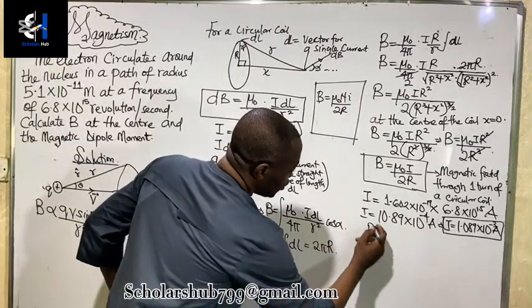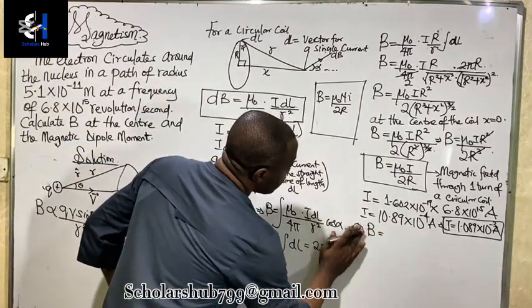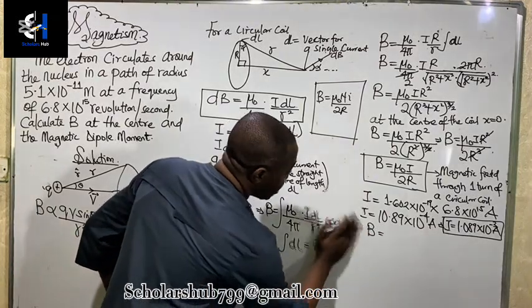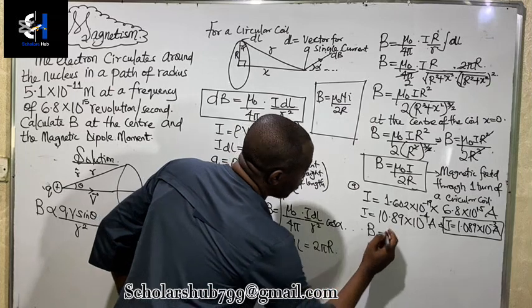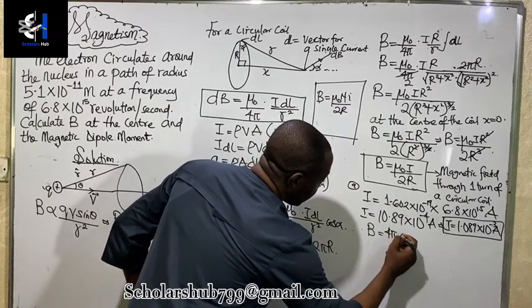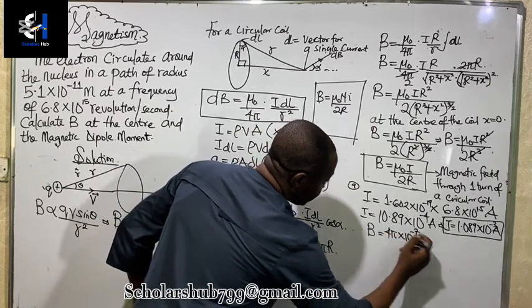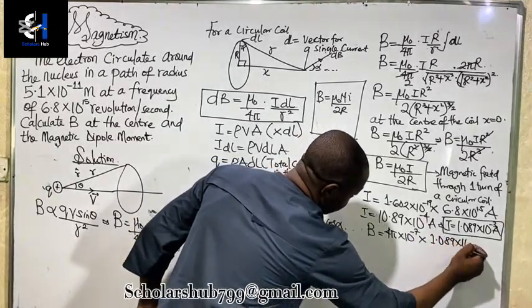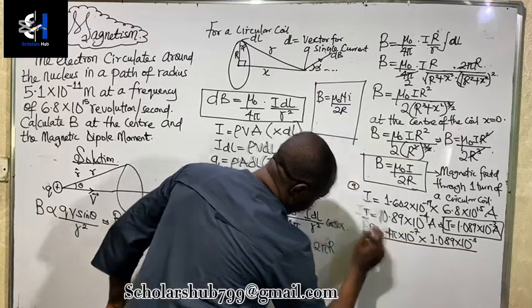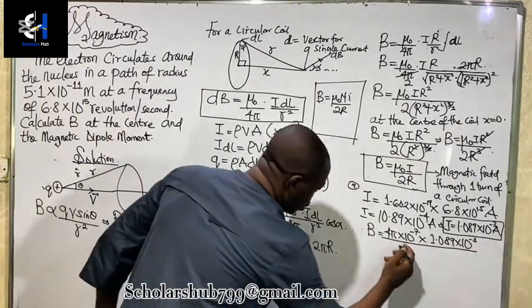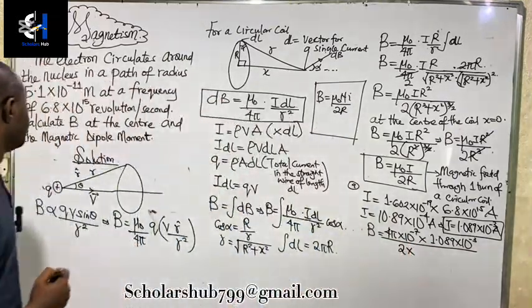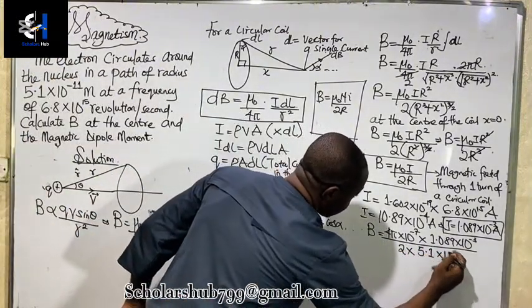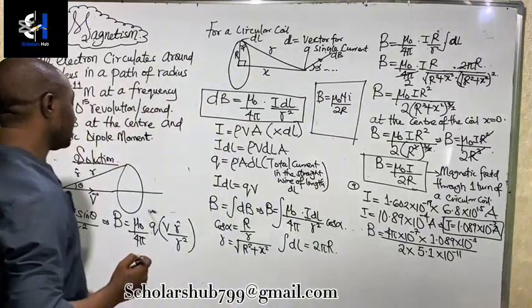So we're going to use B. We now have B equals 4 pi times 10 raised to the power of -7 multiplied by 1.089 times 10 raised to the power of -3, all over 2 multiplied by the radius. The radius is 5.1 times 10 raised to the power of -11.